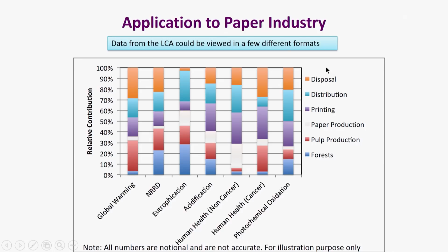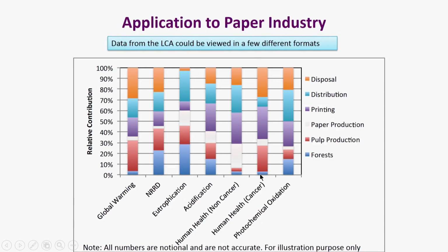So, we have the global warming contribution by each of these processes. In this process, say, paper pulp production and disposal are the highest contributors to global warming, and you can see that in different categories there are different kinds of contributions, like human health, cancer. So, it does not mean that all these risks are the same. Each one may have a different amount.